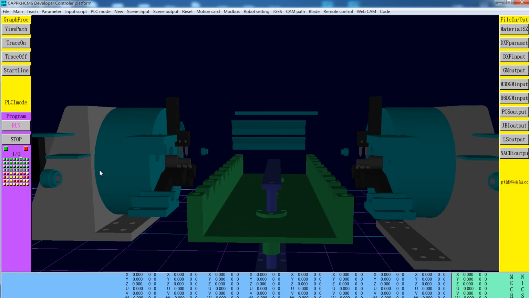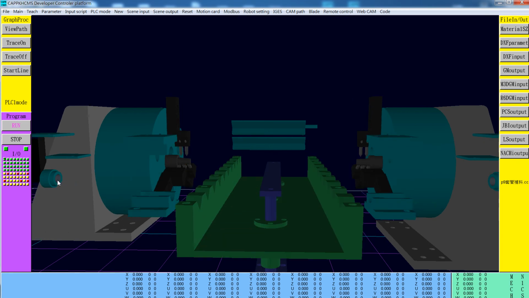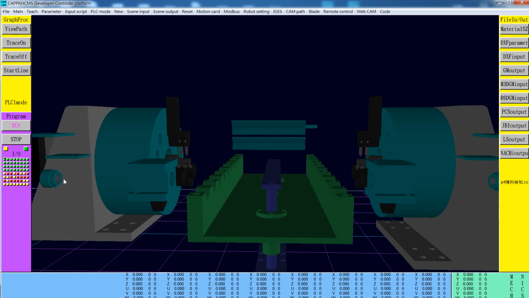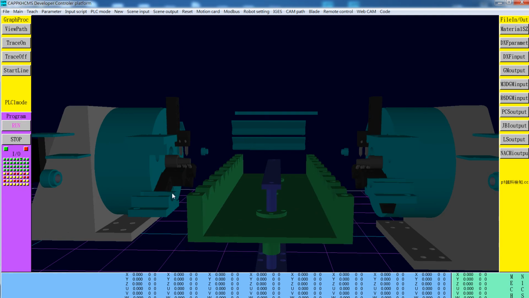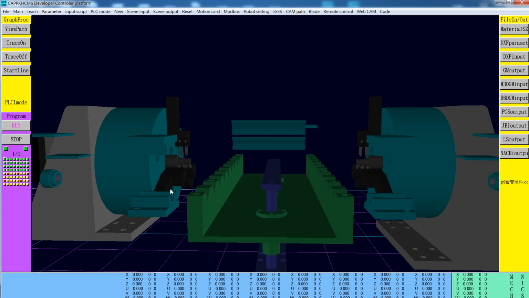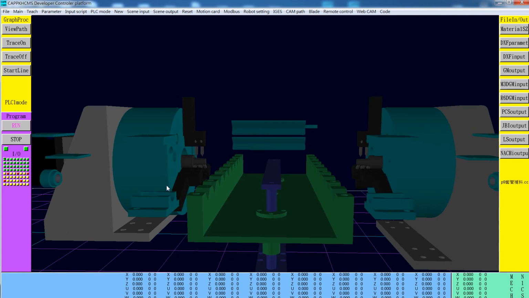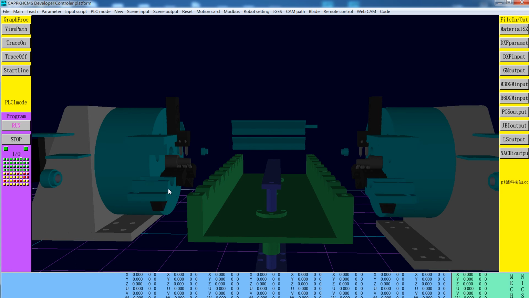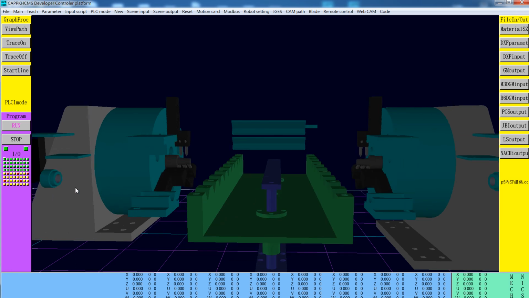You cannot see the working of this piece. That's the reason why in the demonstration we purposely let this one move a little further to show you it is working.